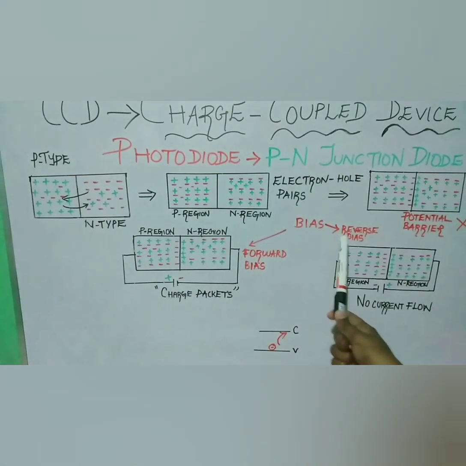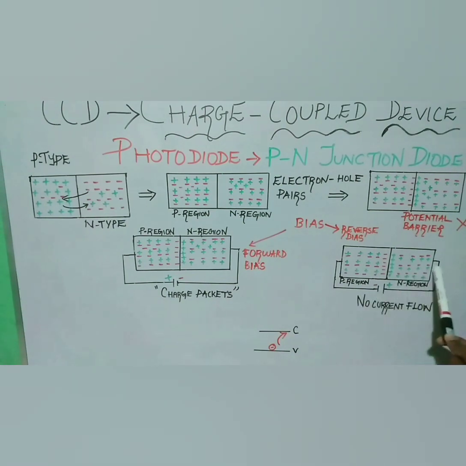What is a reverse biasing condition? In reverse biasing condition, this P region is connected to the negative terminal of an external voltage source and N region is connected to the positive terminal of an external voltage source. Opposite charges attract each other, like charges repel each other. In P region we have majority of holes, positive charge carriers.